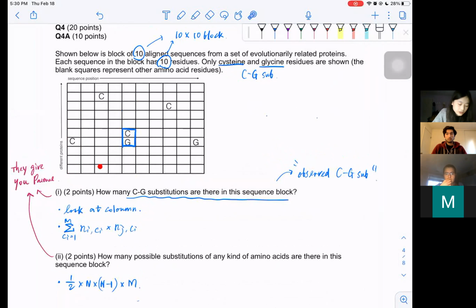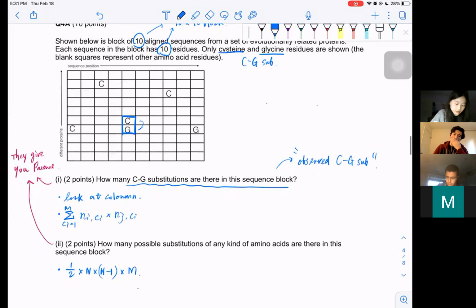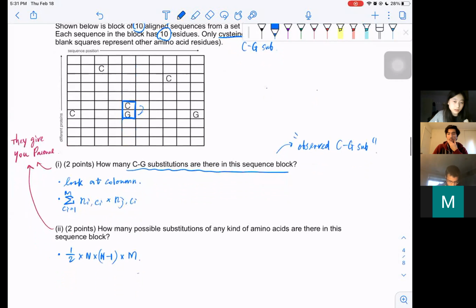In most columns there's only C or only G, meaning there's no substitution happening there. Only in one column there's one C and one G, and they can form a pair. So there's only one substitution in the whole sequence block.